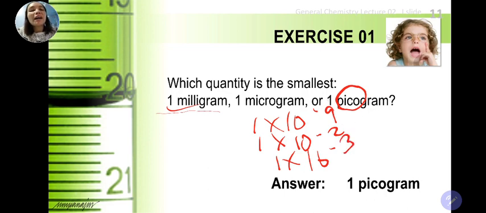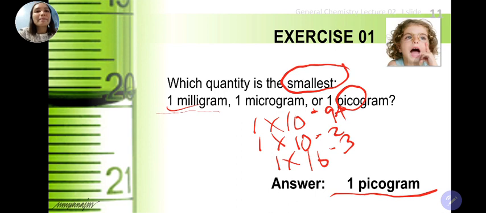So, ang ibig sabihin dito, smallest yung hinihingi natin. Kapag negative yung sign ng exponential form natin, habang tumataas yung number, mas lalong lumiliit yung value niya. So dito, ibig sabihin, ang pinakamaliit is 1 picogram. That's the smallest in quantity dahil sa negative sign.